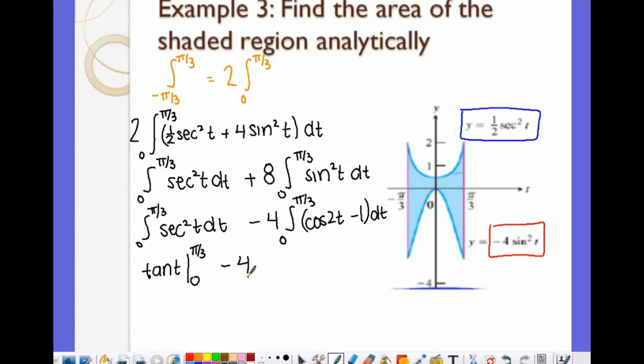But again, I taught you that there's a value on the t, just divide by it. So the antiderivative of cosine is sine, so you get sine 2t all over 2. And the antiderivative of negative 1 would be negative t. All of that gets evaluated from 5/3 to 0.